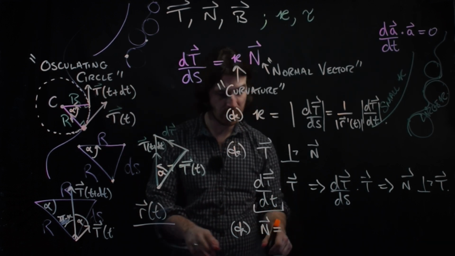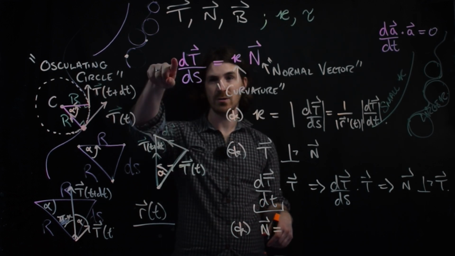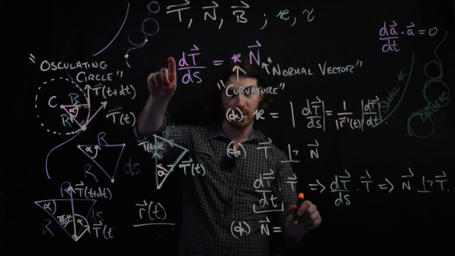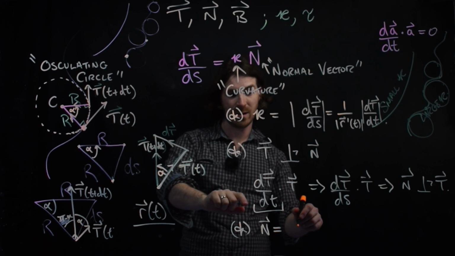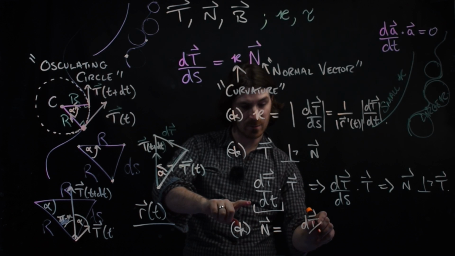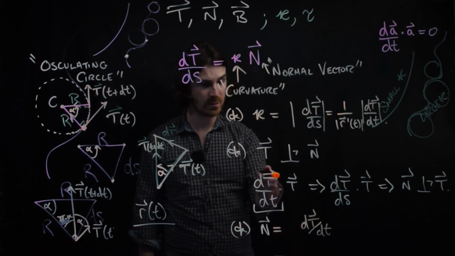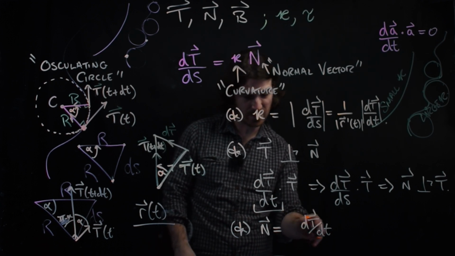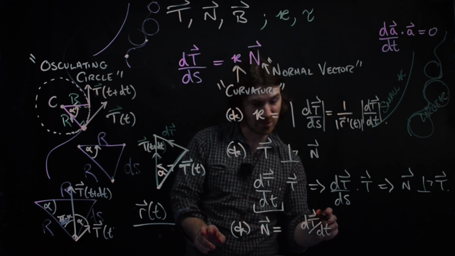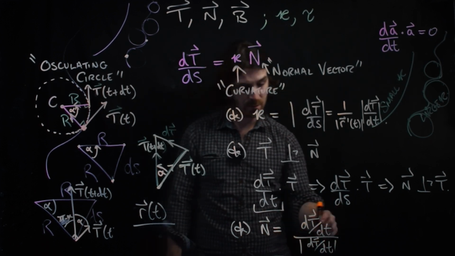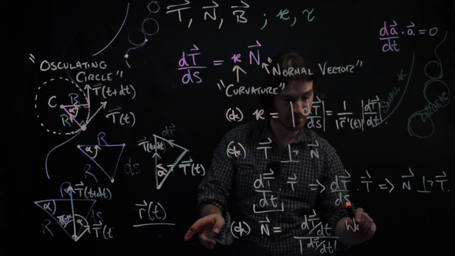We can say that this vector N is in the direction of dT/ds, and that's the same as the direction dT/dt. As we've just justified above, and it's a unit vector. So all we need to do is divide this thing, which is in the right direction, by its magnitude, dT/dt, and we get a unit vector. So this will be our working formula.